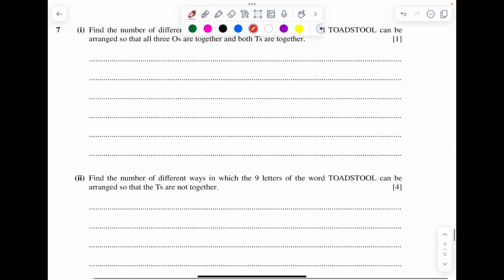Lastly, question number 7. In question number 7, it is from permutations and combinations.